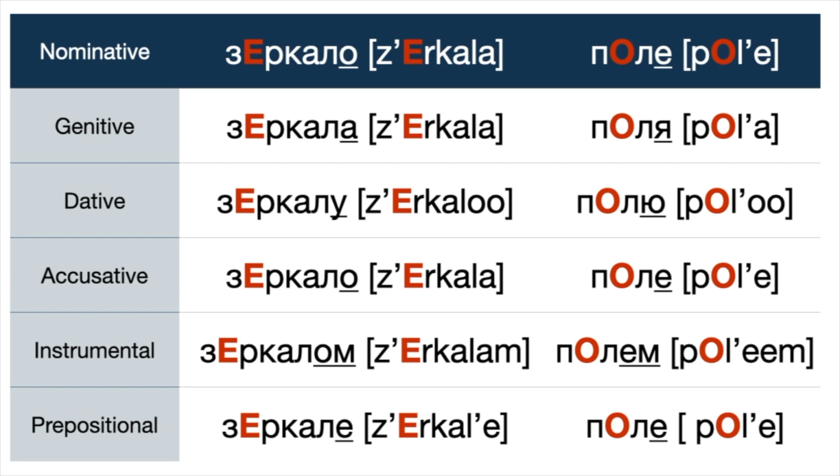Instrumental, зеркалом. Prepositional, зеркале. The second column, поле, a field. Nominative, поле. Genitive, поля. Dative, полю. Accusative, поле. Instrumental, полем. Prepositional, поле.